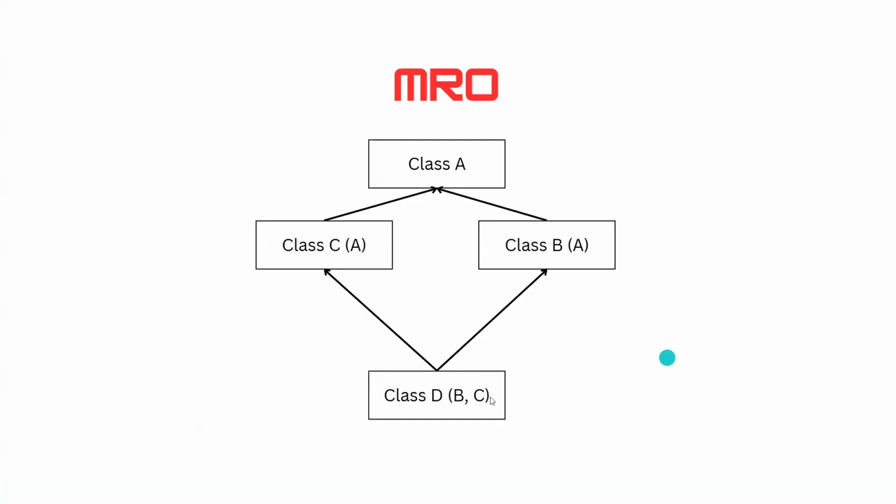So if we don't have MRO, then this class D will get confused about which function it should call. Because MRO is there, it decides the precedence from left to right, and left has the highest precedence. So that's where it will call the method from the B class if it is present. And this is because of the C3 linearization algorithm, as we discussed. And this is all we have on MRO.